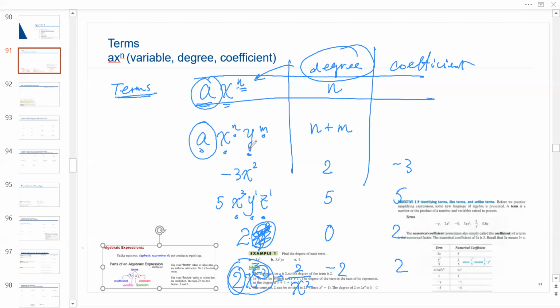If there are multiple variables like x, y, and there are 3 of the variables, we sum all of them, so here it became 5. If there is a constant number, the degree is 0. Any constant number, the degree is 0. If it's a negative number, the degree is negative. But most of the time we focus on the positive part first, all right?